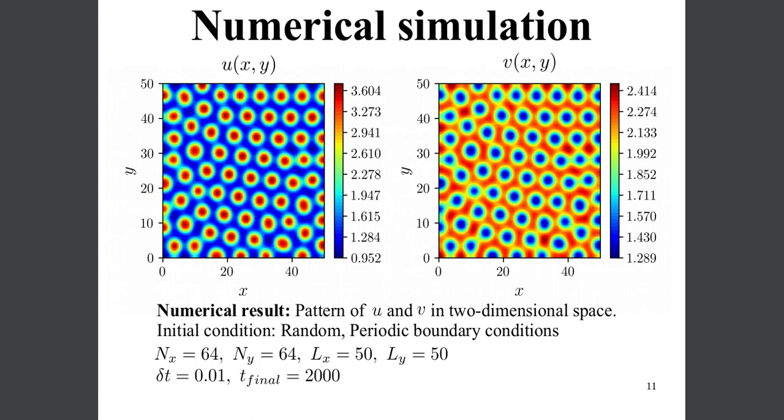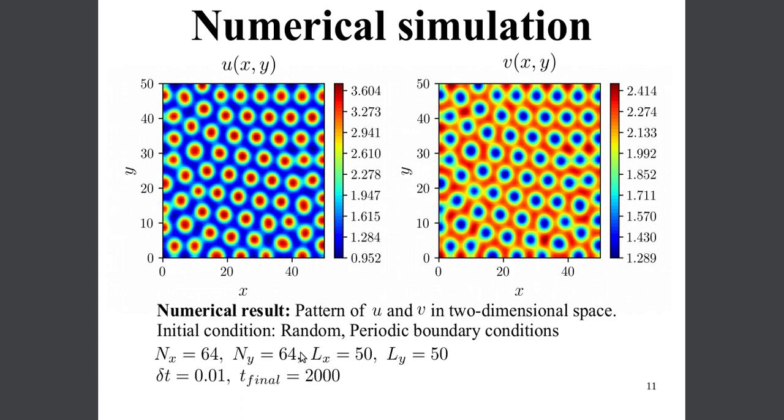I have taken the initial condition as just some random perturbation about the uniform solution of 2, 2. Periodic boundary conditions are taken here with nx equals 64, ny equals 64.